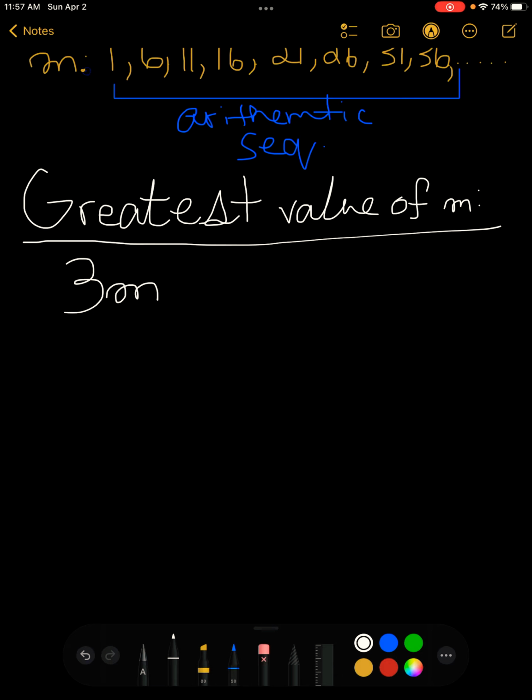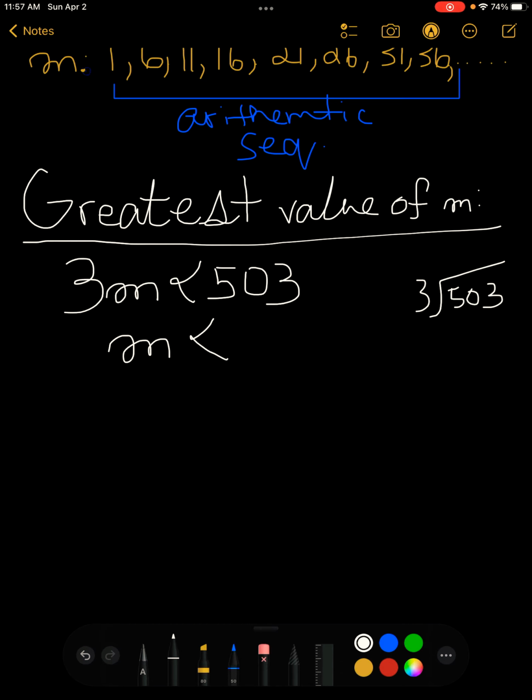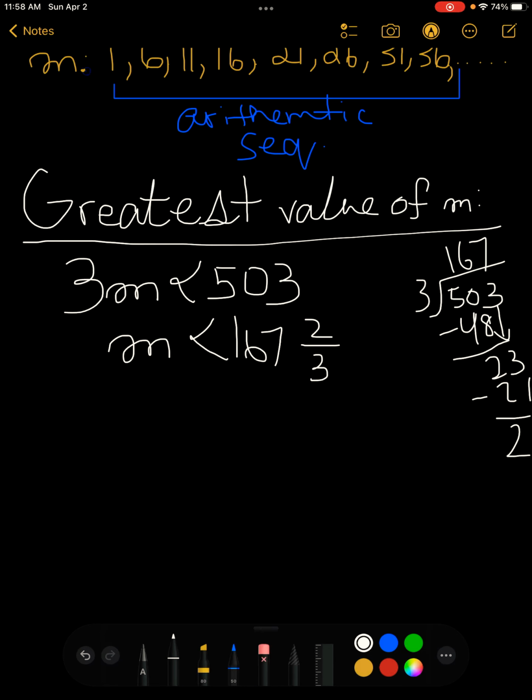We cannot have 3n exceeding 503. So in that case, n would be less than 503 divided by 3, which is 167 and 2/3.